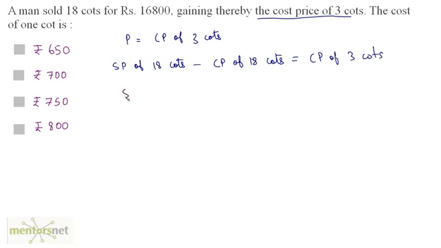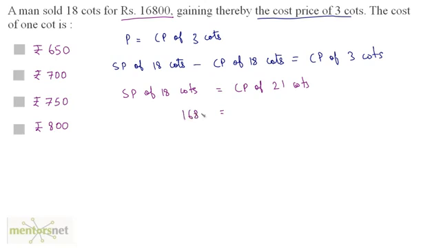So we have the selling price of 18 cots is equal to the cost price of 3 cots plus the cost price of 18 cots. We get it as equal to the cost price of 18 plus 3, which is 21 cots. So the cost price of 21 cots is equal to the selling price of 18 cots, and the selling price of 18 cots is given to us, which is 16,800.